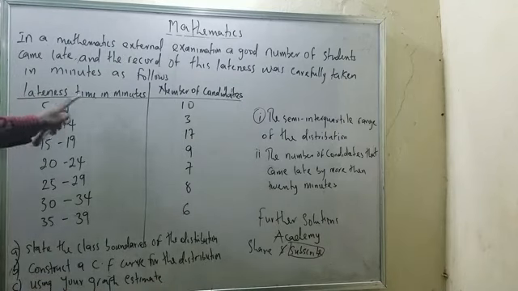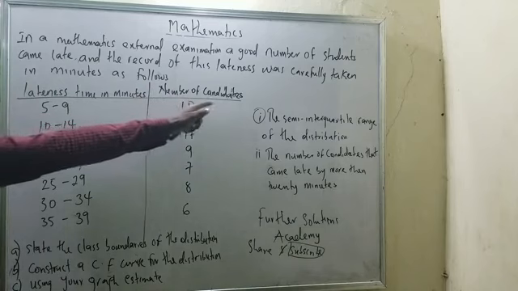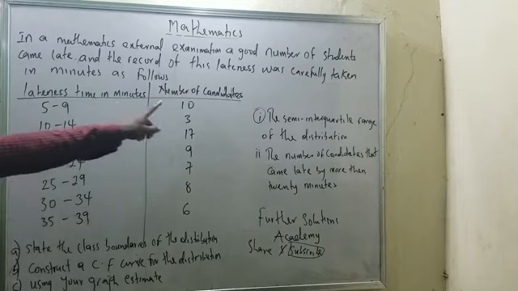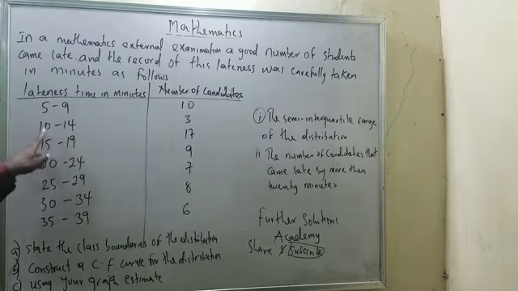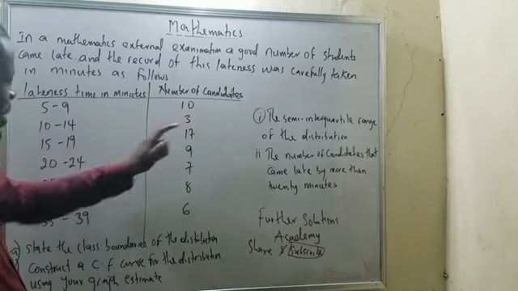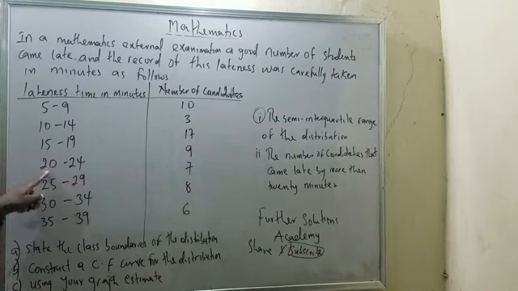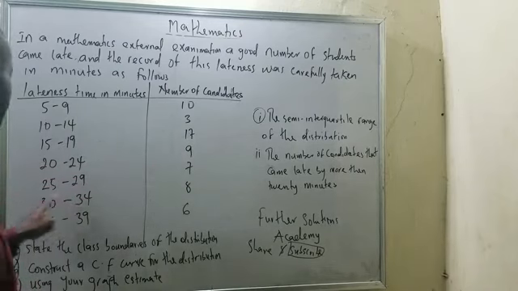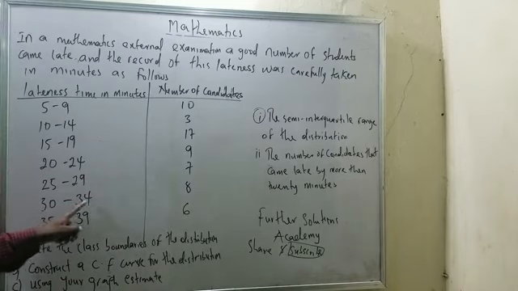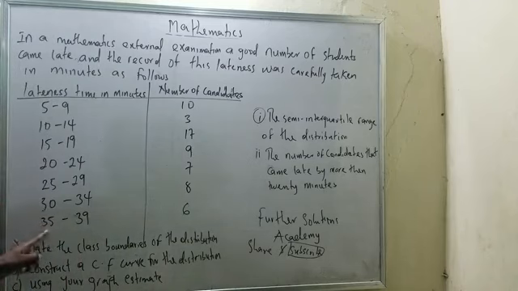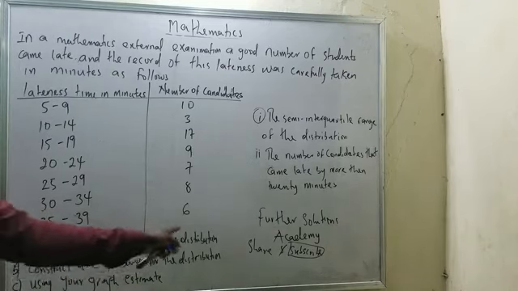Lateness time in minutes, number of candidates: 5 to 9, 10 students; 10 to 14, 3 students; 15 to 19, 17 students; 20 to 24, 9 students; 25 to 29, 7 students; 30 to 34, 8 students; 35 to 39, 6 students.